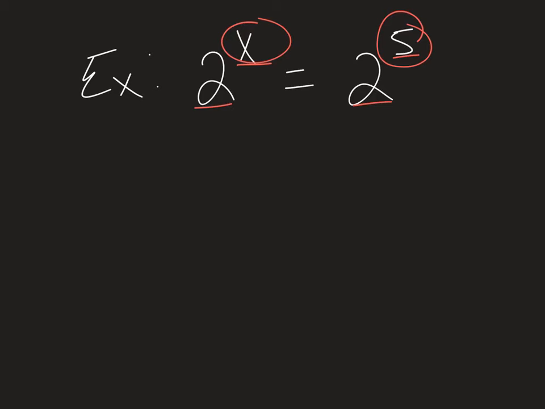So x has to equal 5, and I'm done here. This whole idea of getting the same bases first, and then dropping the bases and focusing on just the exponents, is the core motivating idea for the rest of these examples.